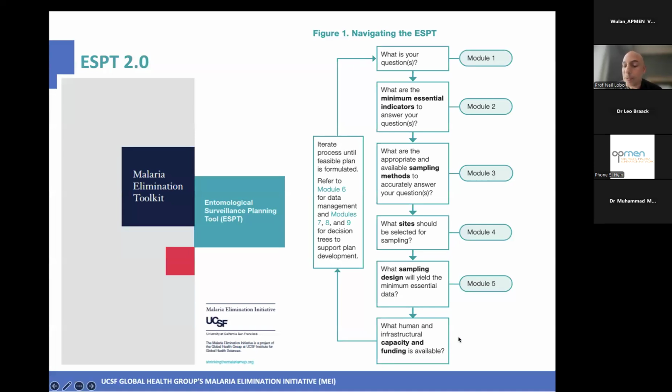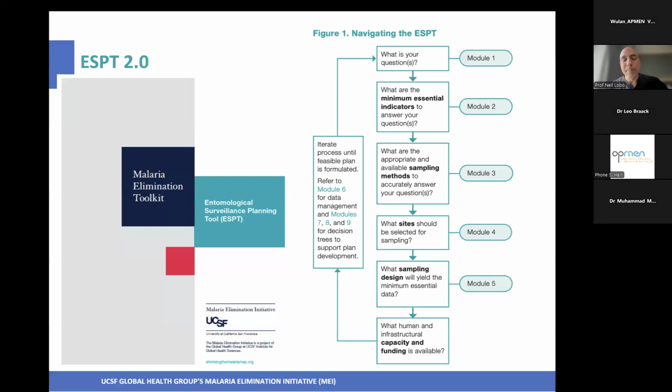And a lot of times we don't have enough. And we'll go back to the question to say, do I have to re-ask my question? Can I take out some of these indicators? Can I use a cheaper sampling method? My sampling frame, instead of doing 20 houses per time, maybe I should just do 5. And then redo the budget and capacity until you get a plan that actually fits within your capacity and budget and actually answers your question.